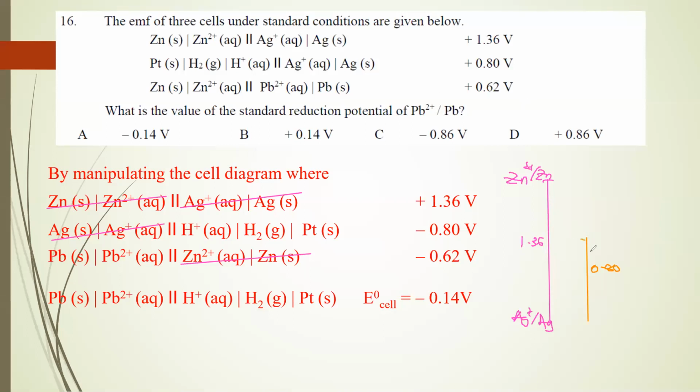Okay, this is between Ag. This is still at the same level. You maintain at the same level. And then this is H+/H2. Okay. And then last but not least is where you have Zn and Pb2+. So for Zn and Pb2+, you maintain the level.